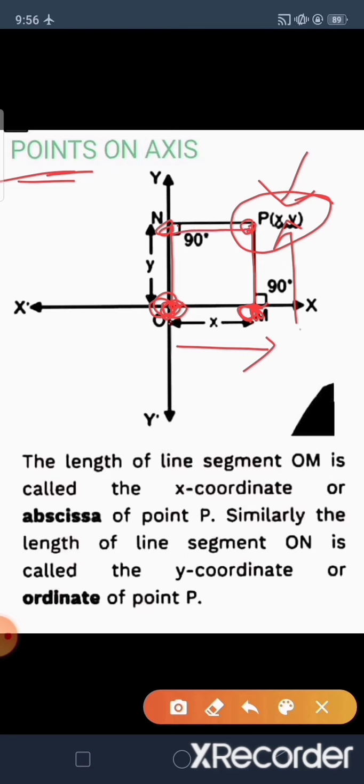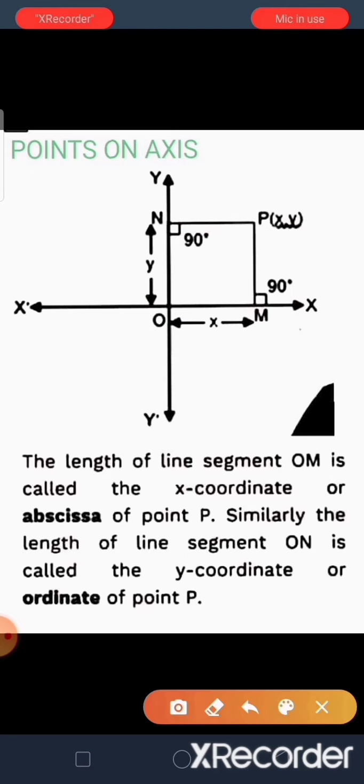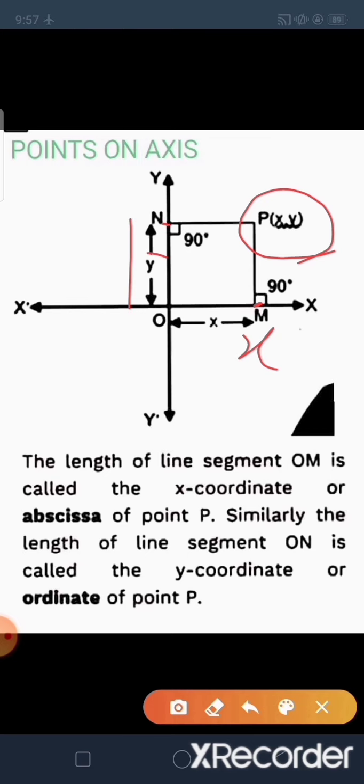So we move on the y axis to point N, and we get our point P. It means we get the Cartesian coordinate point P(x, y), because the first value, the coordinate of M, is x and the second value, of point N, is y. So here we write our point P(x, y).